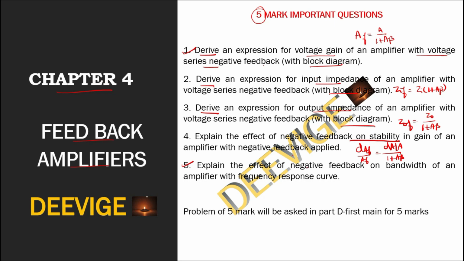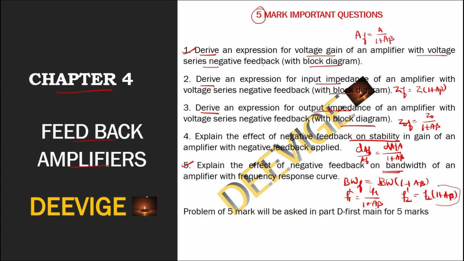Then effect of negative feedback, this is what I said, even a 3 marker I have told, and you need to explain that. There you are drawing the graph, here you are explaining. That means you are writing the equation: bandwidth with feedback is equal to bandwidth without feedback into 1 plus A beta. Also you need to write F1 dash will decrease, so F1 by 1 plus A beta, whereas F2 dash will increase, so it is F2 into 1 plus A beta.